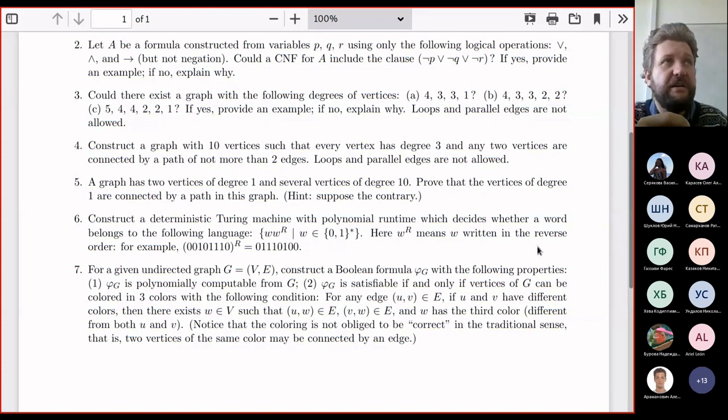If you have such an input, you should return yes. If you have an input which is not of that form, you return no. So this is basically what is called a palindrome of even length. So any word which is even and which is the same when being reversed is of that form. Exactly.